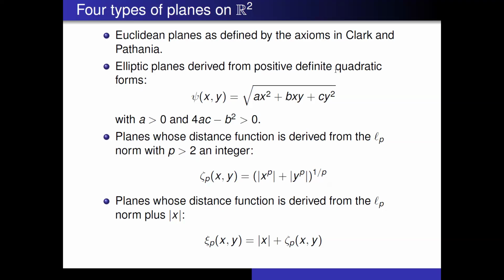And the easiest way to do that is to add the absolute value of x to one of the previous norms. Okay, and that will reduce the symmetries of the plane in ways that will be predictable. Okay, so let's look at those four types. That's not all there are, but this provides us with a large source of examples.